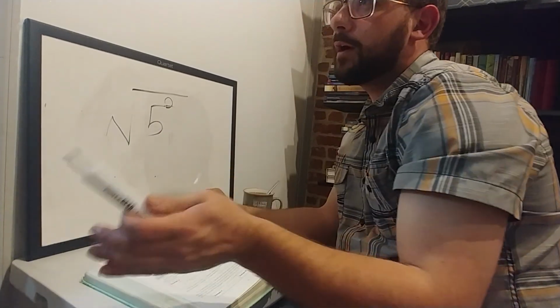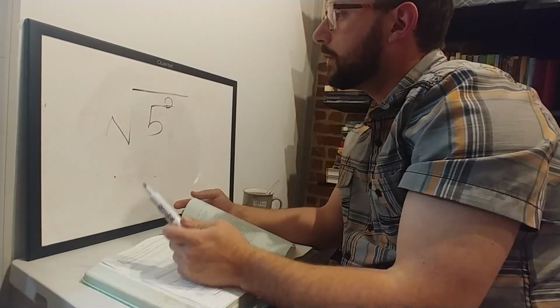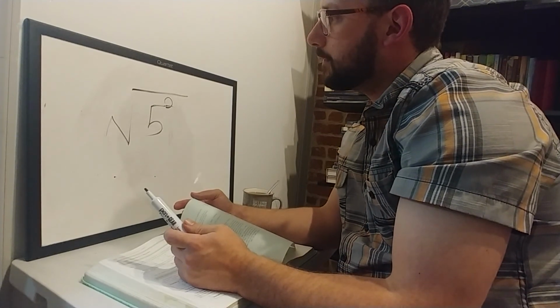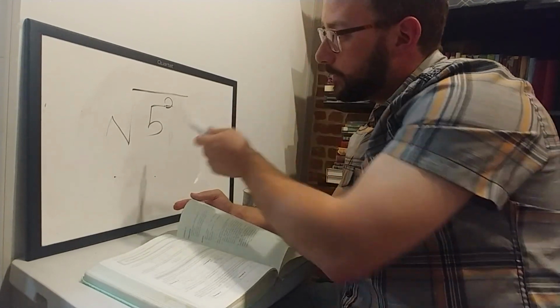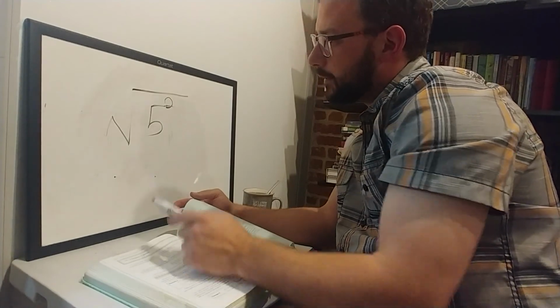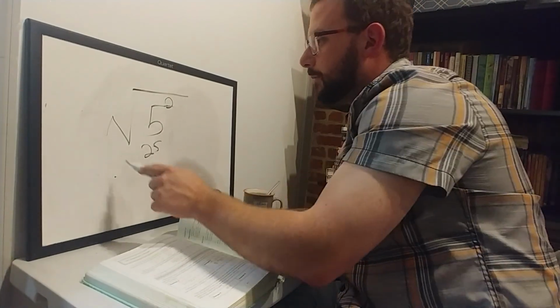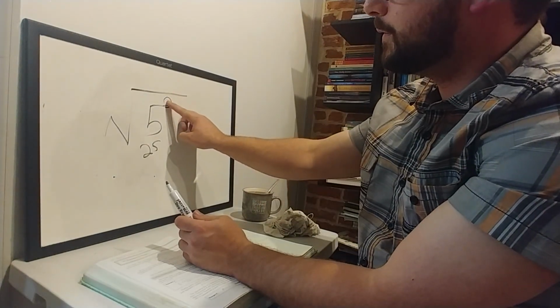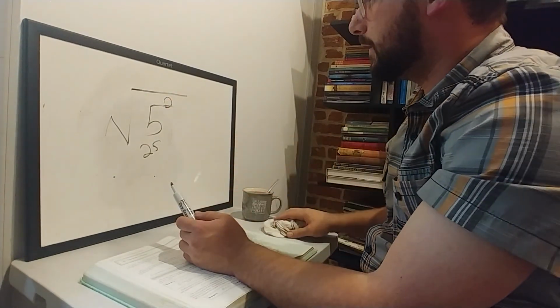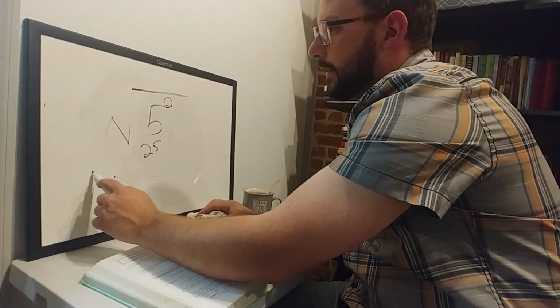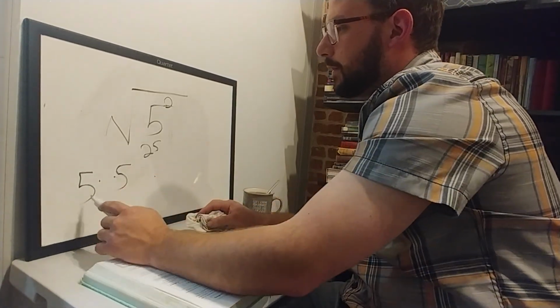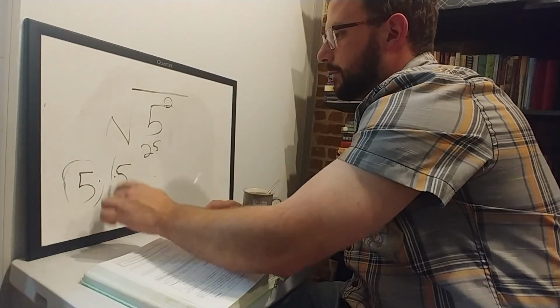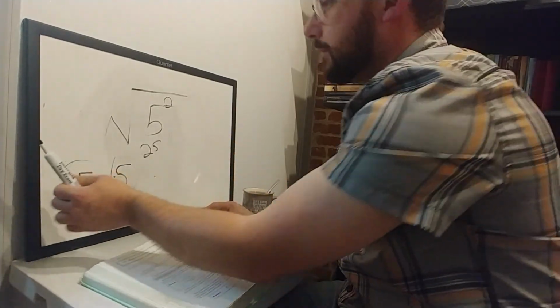Well, 5 times 5 makes 5 squared. So 5 squared is technically 25, but the square root is 5. So you just divide this number by 2, because if you would have 5 times 5, this half times this half makes 5 squared.